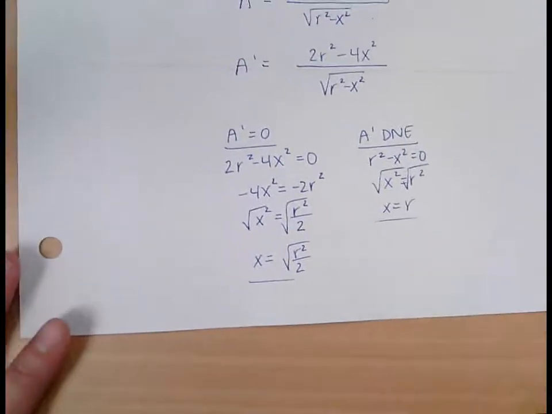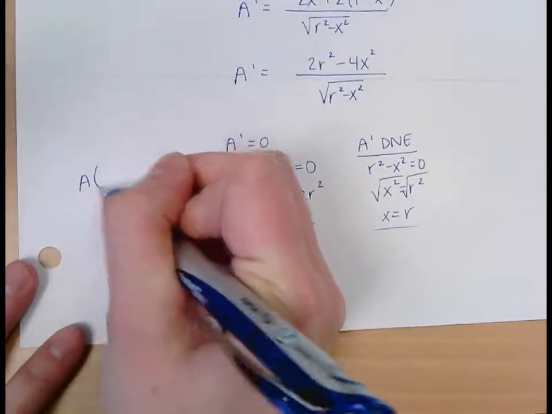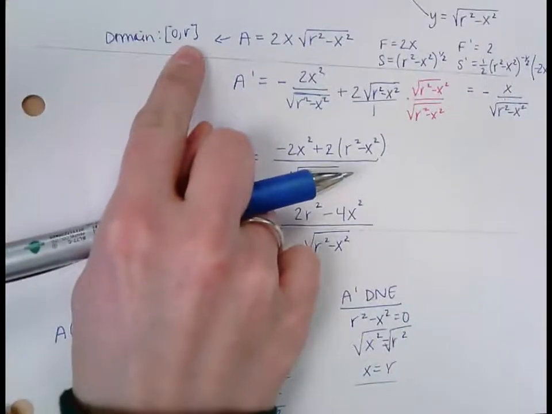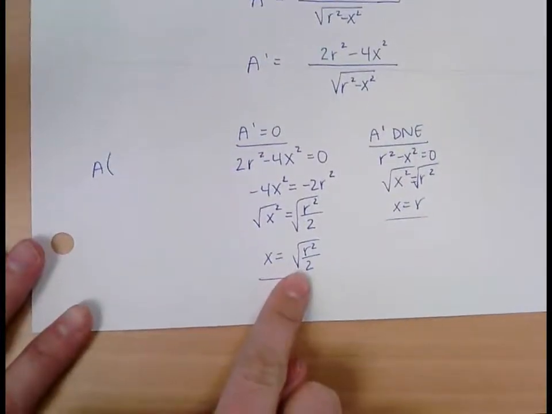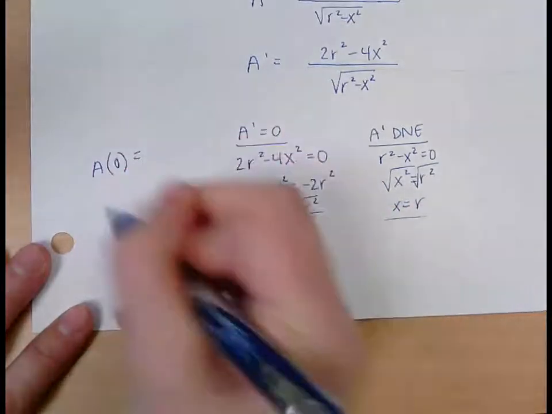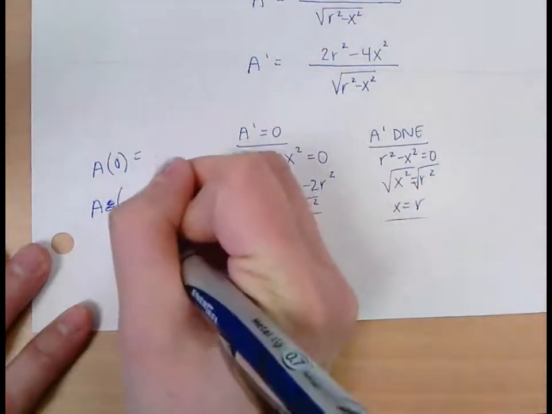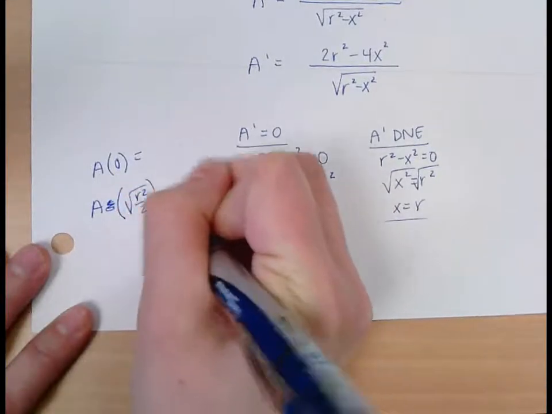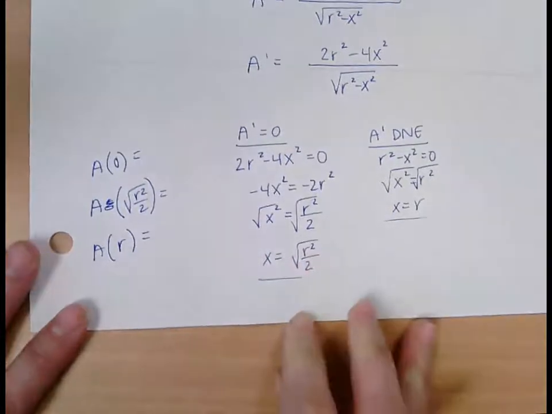So by the closed interval method, we are going to calculate the area at the endpoints, 0 and r, and the area when x is the square root of r squared over 2. What is the area when x is 0? What is the area when x is the square root of r squared over 2? And the area when x is equal to the radius r?